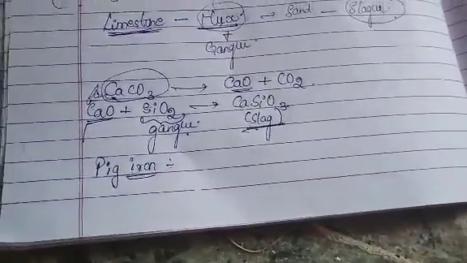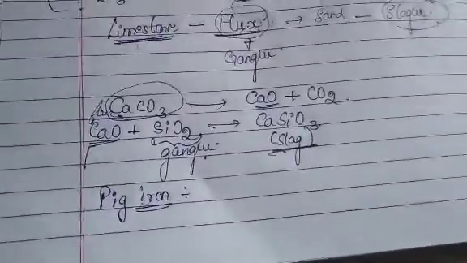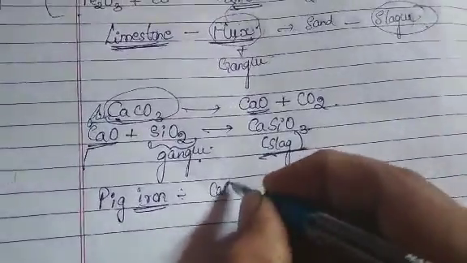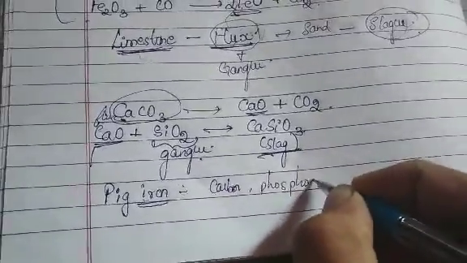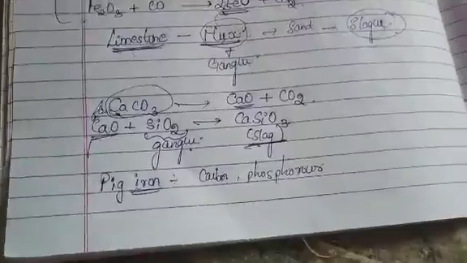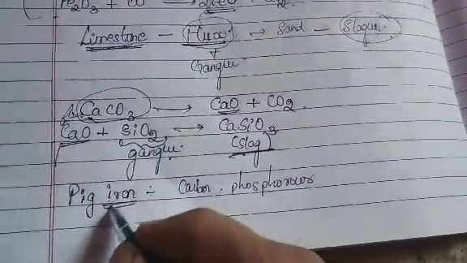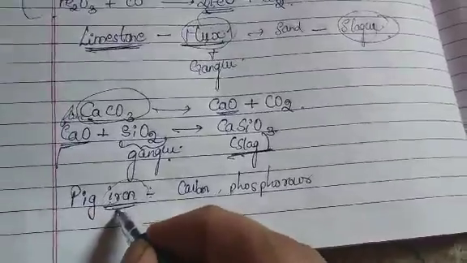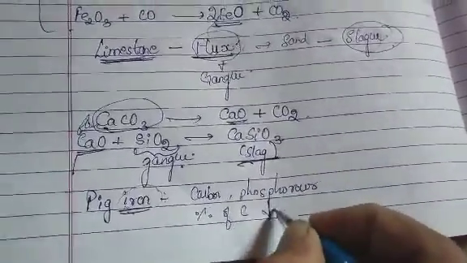It is called that mainly because this iron consists of other impurities like carbon, phosphorus, and some other elements which decrease the quality of your iron. And one most important fact you have to remember is that the quality of the iron increases as the percentage of carbon decreases.